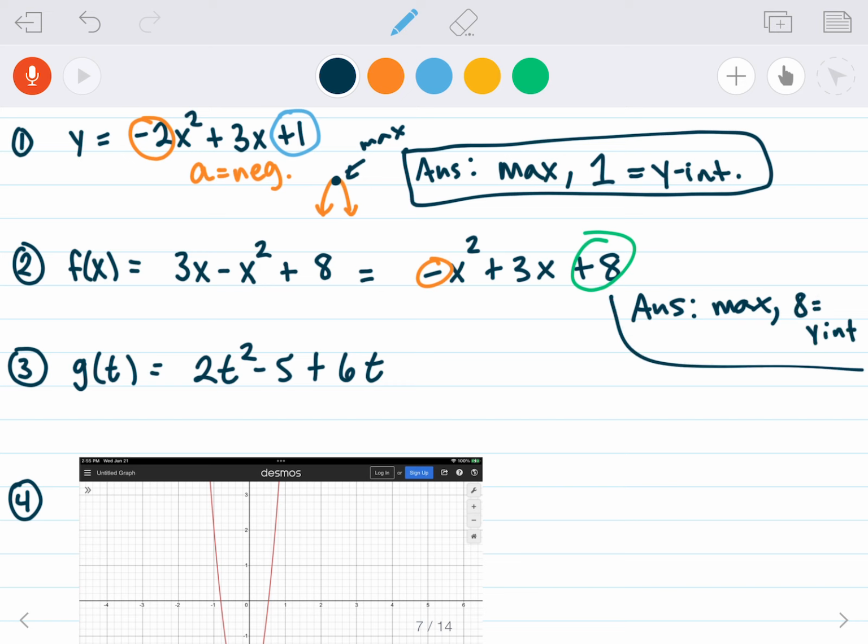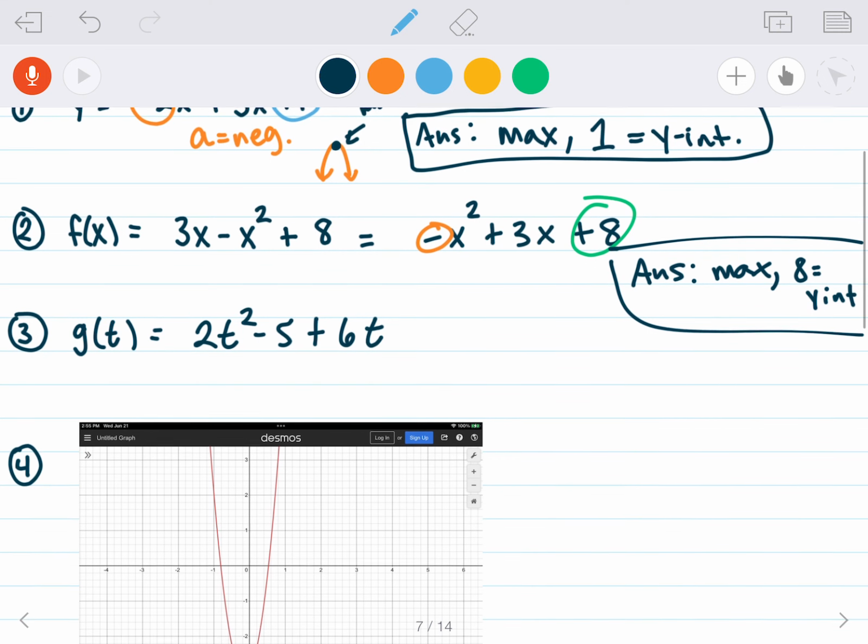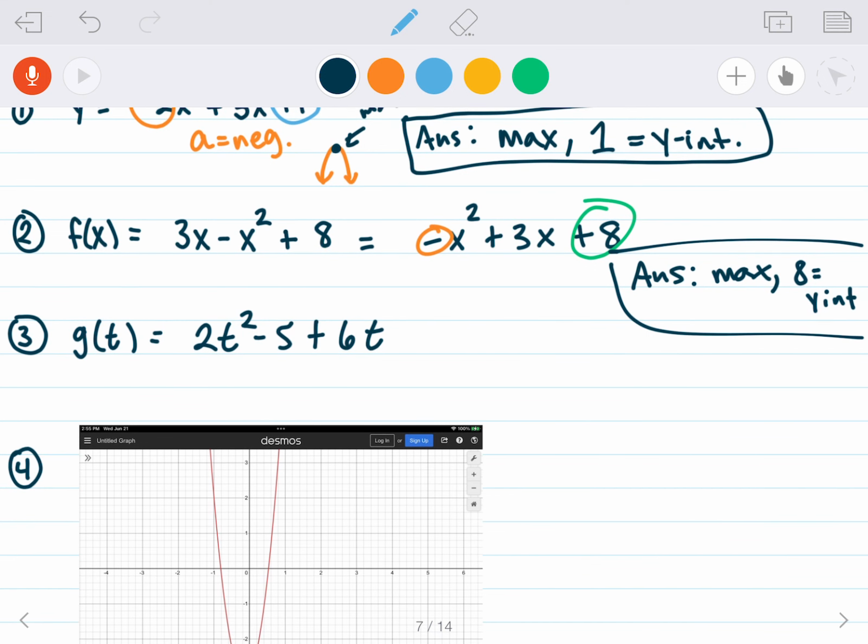That's my answer here. Let's look at number 3. So again, we want to rearrange. This time the t squared is in the correct spot, our variable squared, but we want to switch these to put it in standard form. So if I rewrite this, this is 2t squared plus 6t minus 5, and my A is 2, and that's positive.